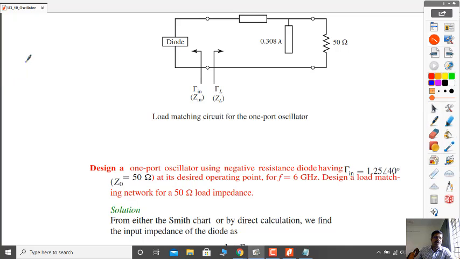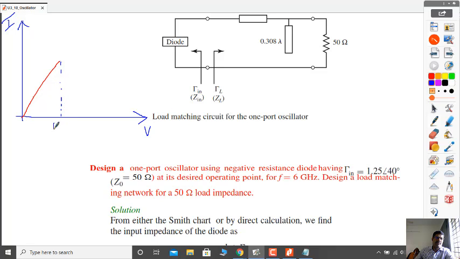Just like in a Gunn diode, the characteristics will be voltage versus current. As we increase the voltage, the current also increases. It is a linear region, up to a particular point, which we call the threshold voltage Vt.